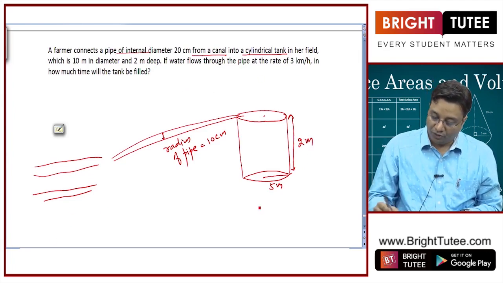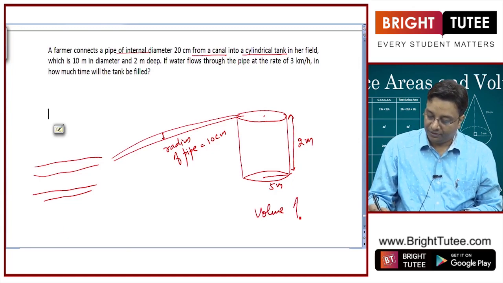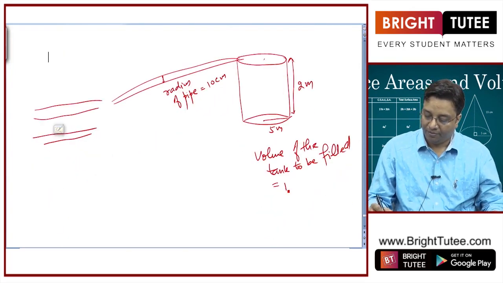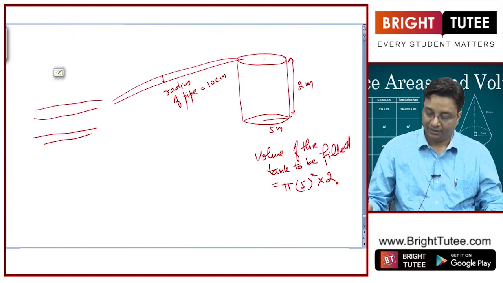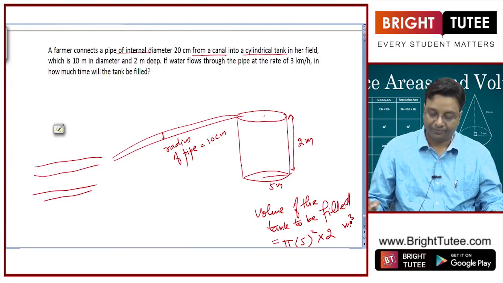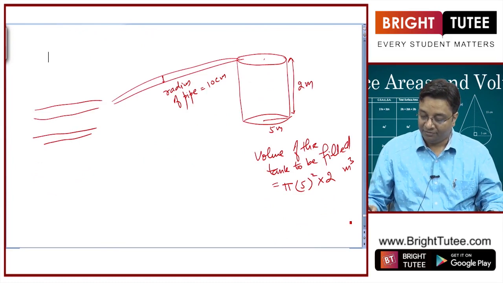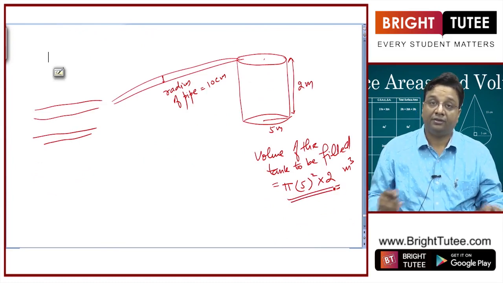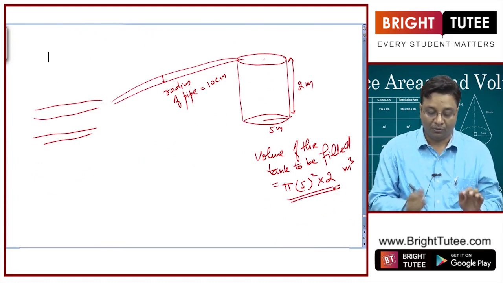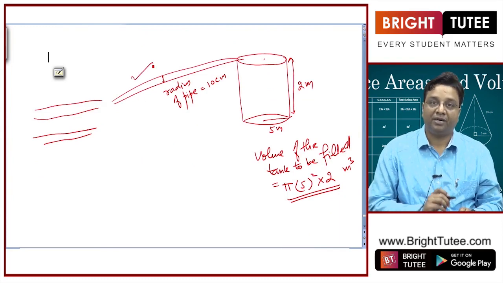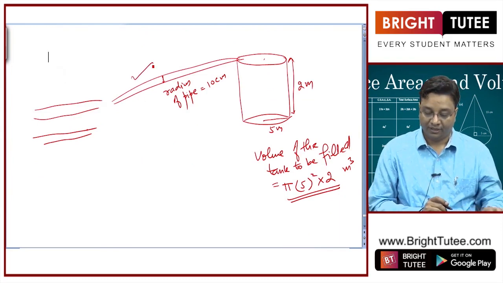Okay, so volume of the tank to be filled is equal to pi radius squared into height, meter cubes. Okay, so I need to find how much time this volume of water will take to flow out of this canal using this pipe here, right?